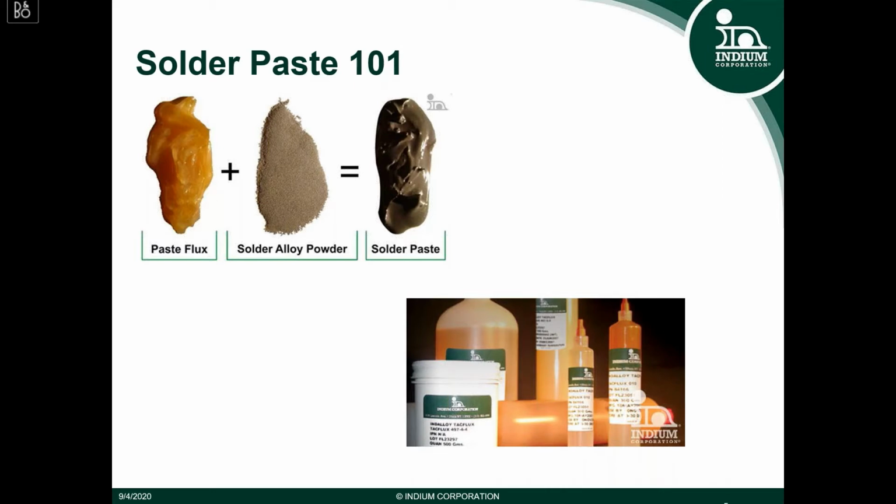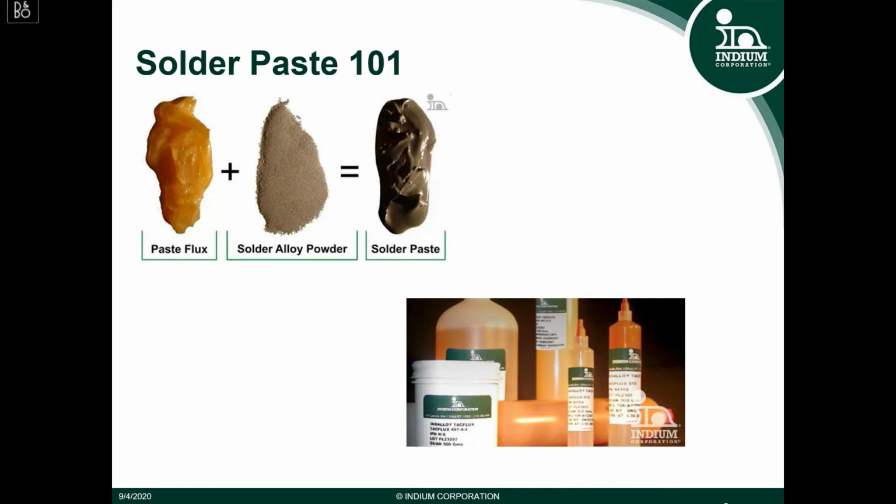Moving into the basics of the materials, let's talk about the solder paste. Solder paste is made up of two ingredients, flux and solder alloy powder. These two ingredients are mixed together in about a 50% to 50% ratio by volume to make what almost looks like gray peanut butter.